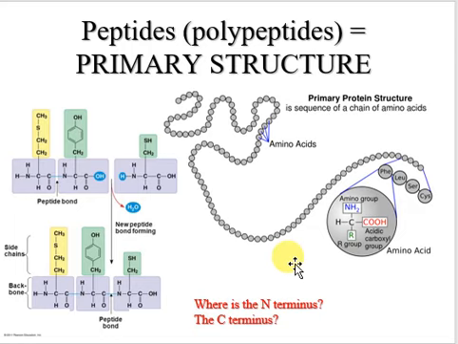Now, before I move on, that amino acid sequence that comprises a polypeptide is not random. It's actually determined genetically. And we'll get into that more when we talk about nucleotides.